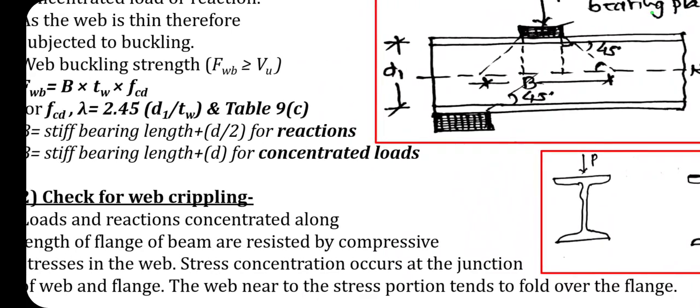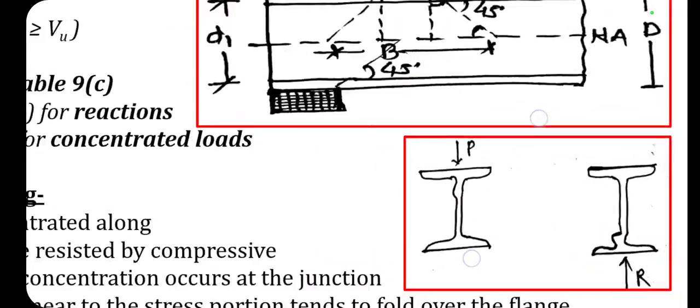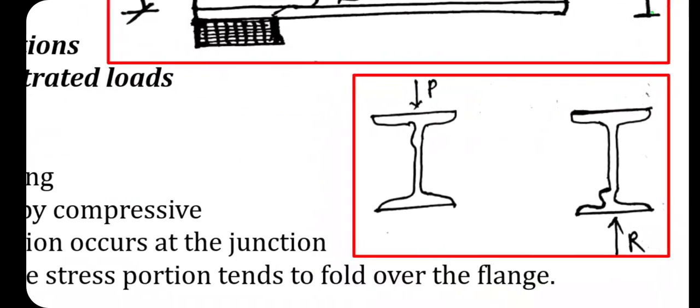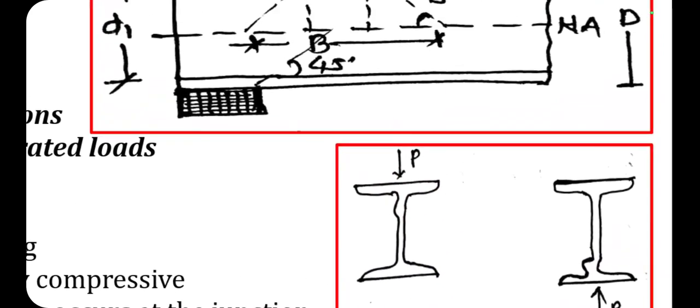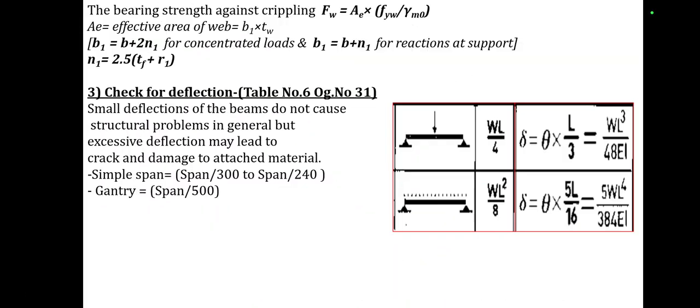The web near the stress point tends to fold the flanges. If you observe in the diagram, here the concentrated load is acting on the section and there will be a crippling at the points. These are the two cases of the crippling. So the bearing against the crippling is calculated by the formula FW is equal to A into FYW upon gamma m0, where A is equal to effective area of the web, which is equal to B1 into TW.